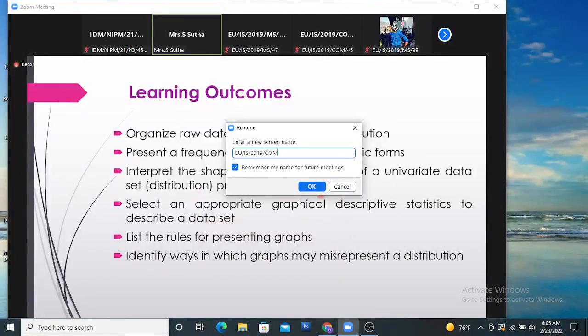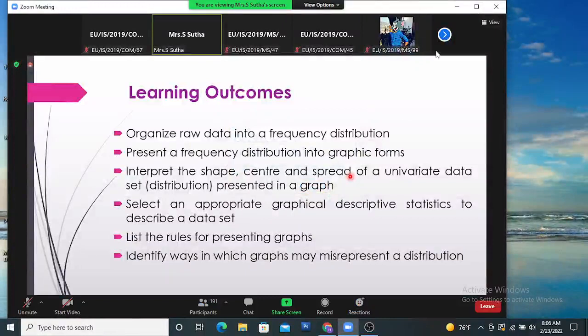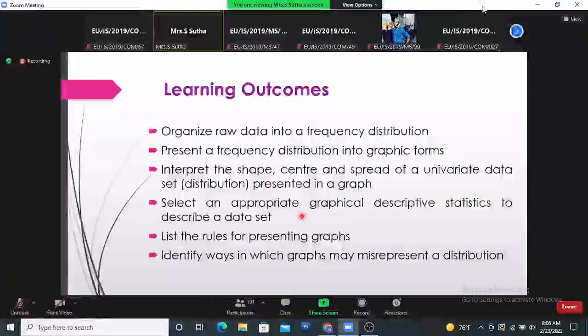So using the graph, you will be able to interpret shape of the distribution, center and spread of the distribution, right? You will be able to select an appropriate graphical descriptive statistics to describe a data set.